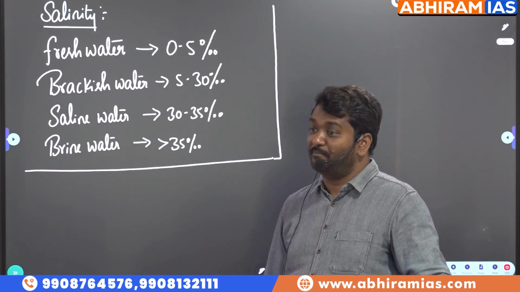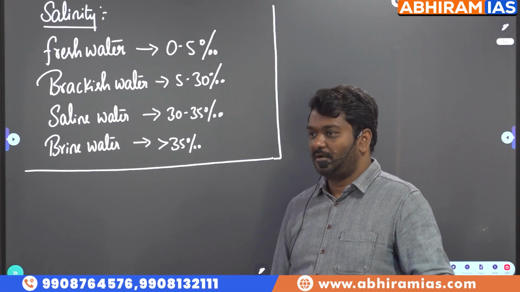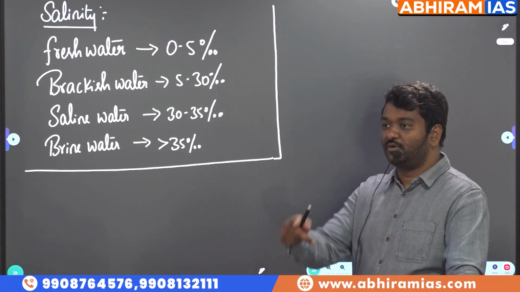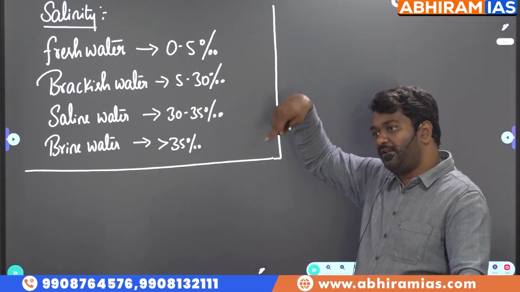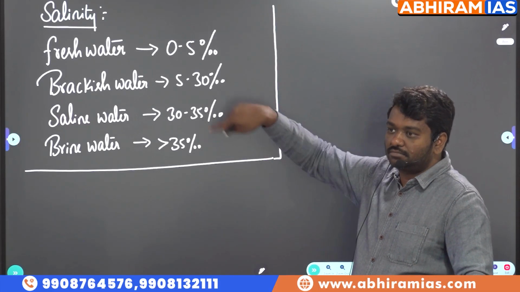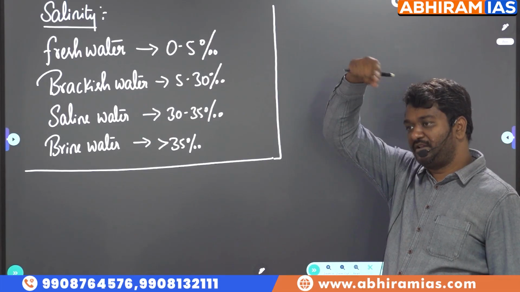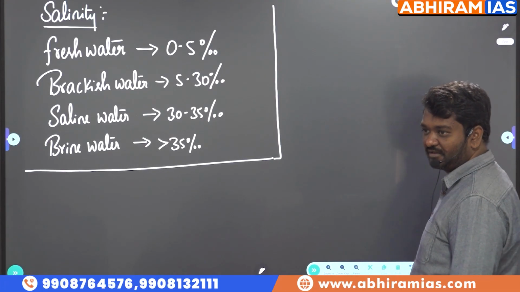Mid-oceanic ridges are divergent boundaries. Ridges are present in Atlantic and Pacific, and these are all divergent ridges. Pacific Ocean, especially China, Japan, this area, it is convergent, the Pacific Ring of Fire region.